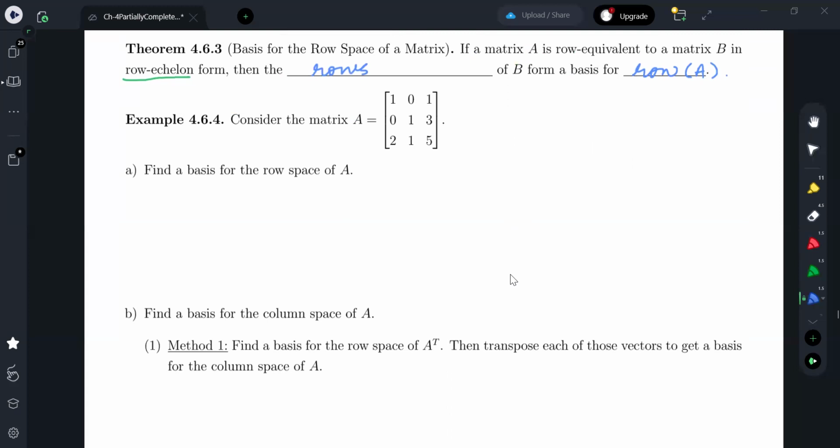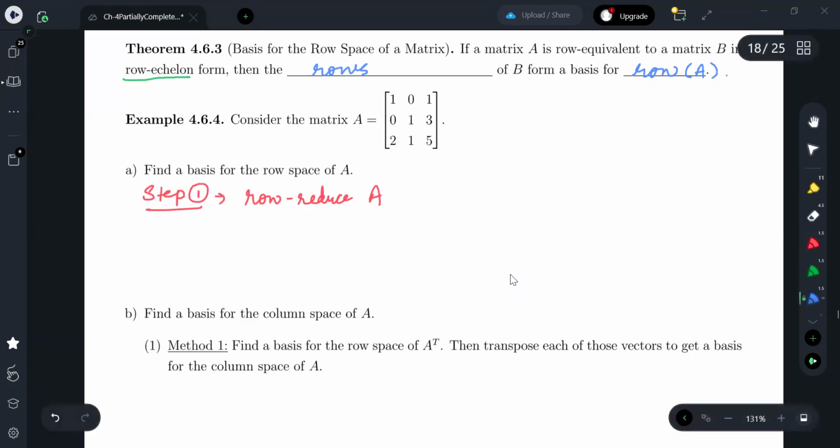Consider this matrix A. Can you find me a basis of the row space? Well, step one, you will row reduce A. What do you get? So I want to get out all the redundant combinations.